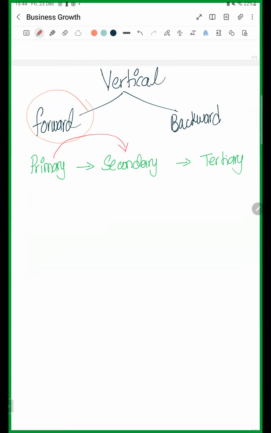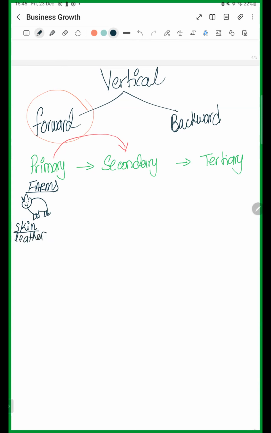So what happens, for example, let's say there is a farm, and let's say it's an animal poultry farm. They've got horses, they've got cows, so they've got all types of animals, and they're using their skin and leather.